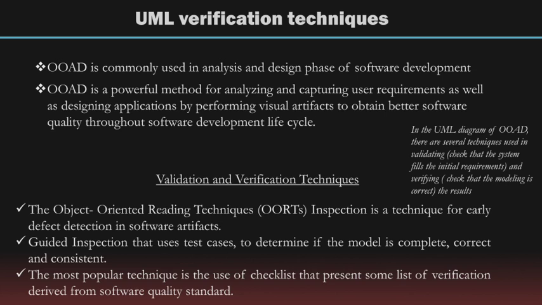There are several techniques in the UML diagram of object-oriented analysis and design. These are validation and verification techniques. We have object-oriented reading techniques inspection, which is a technique for early defect detection in software artifacts, when you want to quickly detect any kind of defect.